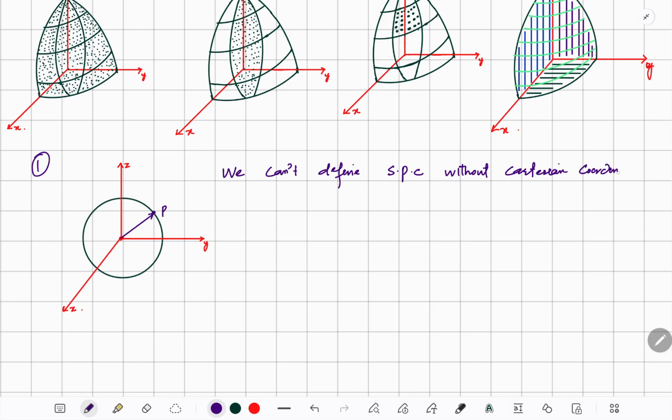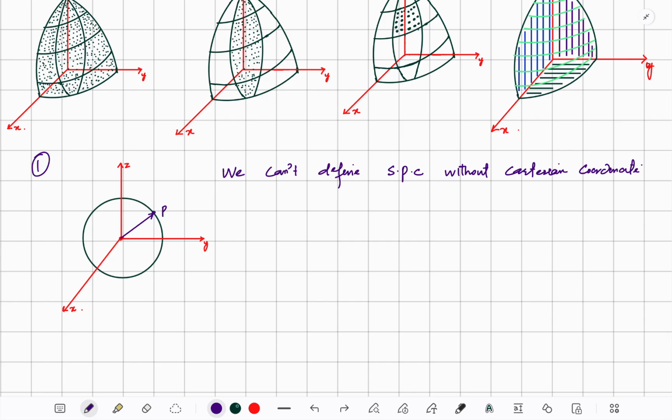So we have to know the Cartesian coordinates in order to define these spherical polar coordinates. That is why we have the x-axis, y-axis, and z-axis. This one is the x-axis, this one is the y-axis, and this one is the z-axis. So these x, y, and z are the usual Cartesian coordinate axes, and now we'll use these axes to define the spherical polar coordinate system.